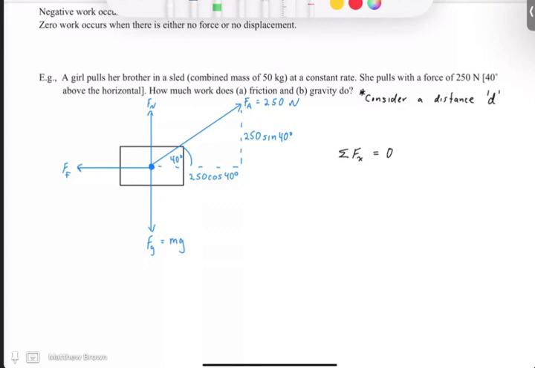And so looking in here, I've got the force of friction. I'll say that's in the negative direction. Let's just indicate my coordinate system here. Always good to do.